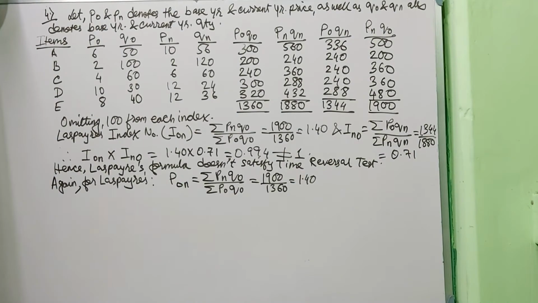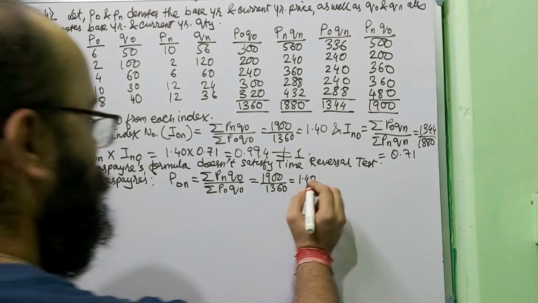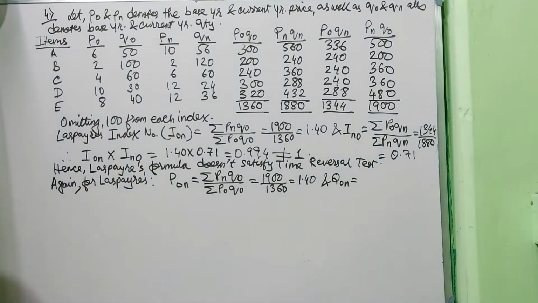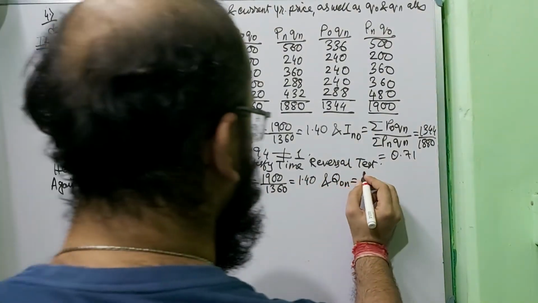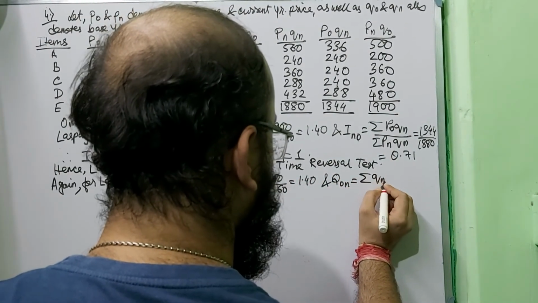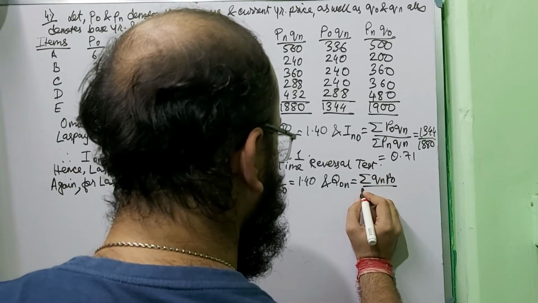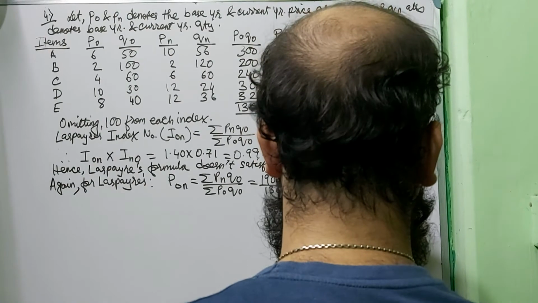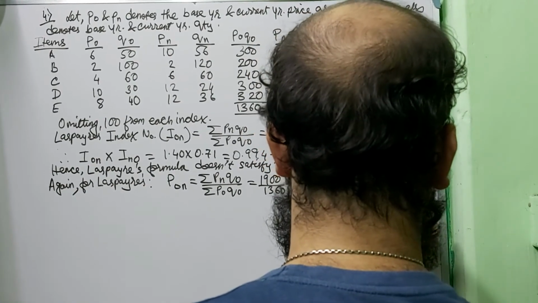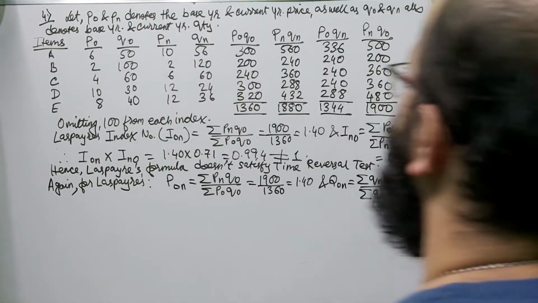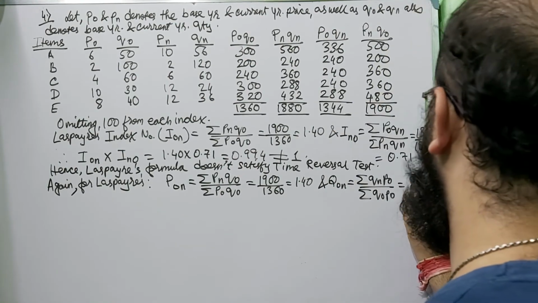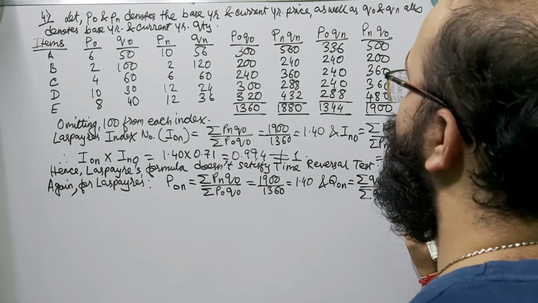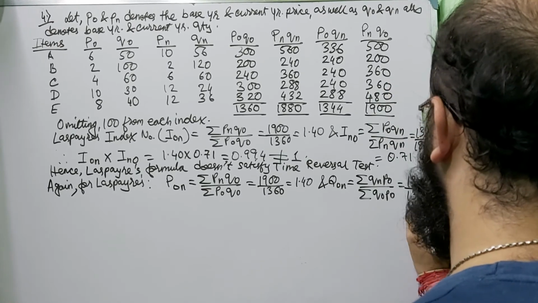And Q0n is equal to summation QnP0 by summation P0Q0. QnP0 is 1344, P0Q0 is 1360.